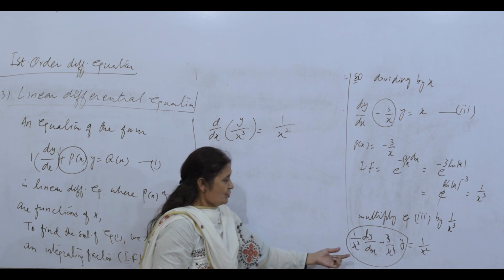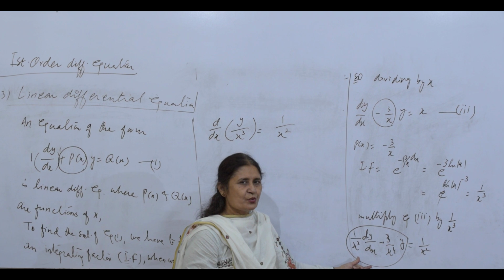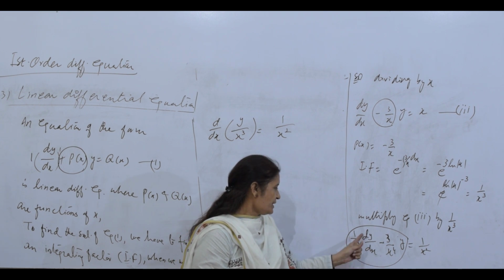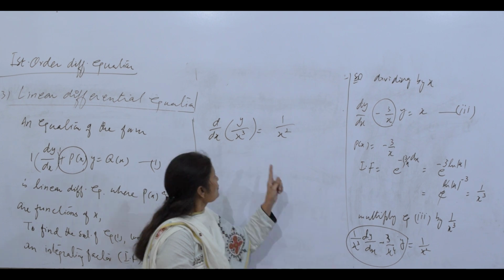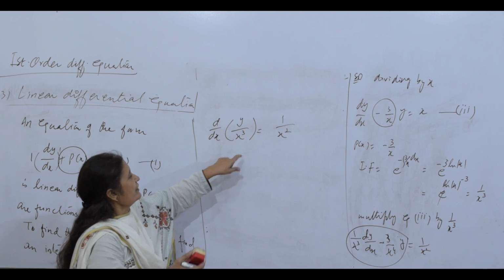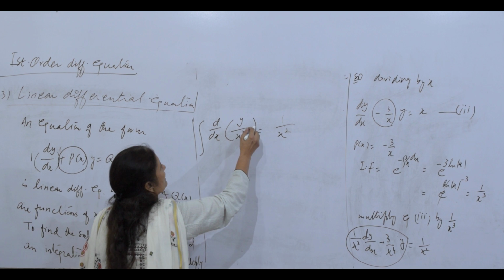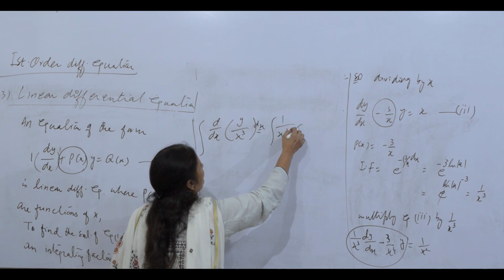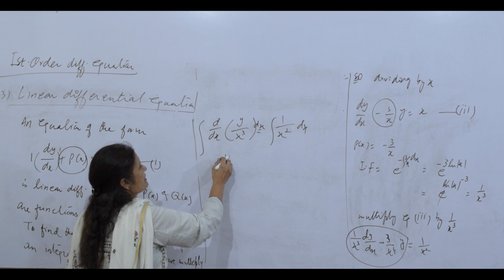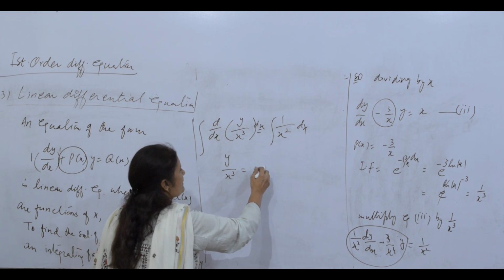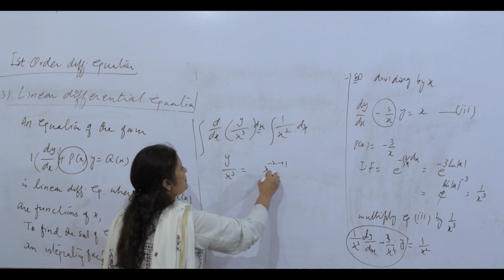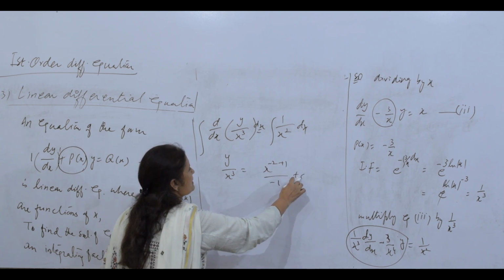Look at that. To write the derivative, you consider only the first term. d by dx is taken out, here y is there, and in the denominator x cubed is there. Now integrating both sides with respect to x, the derivative and integral cancel. The integral of x to the power minus 2 is x to the power minus 2 plus 1 over minus 1, plus c.